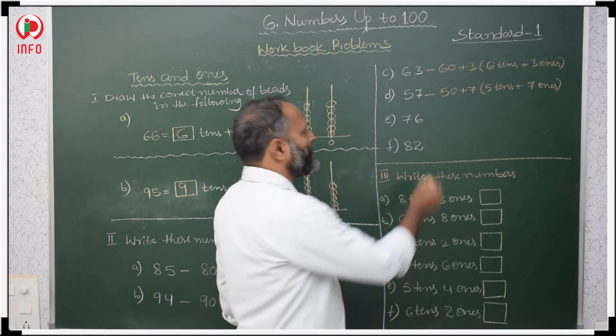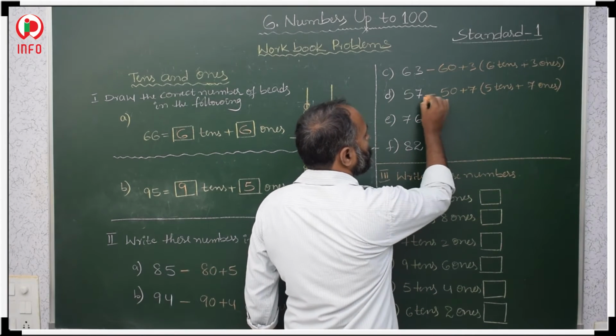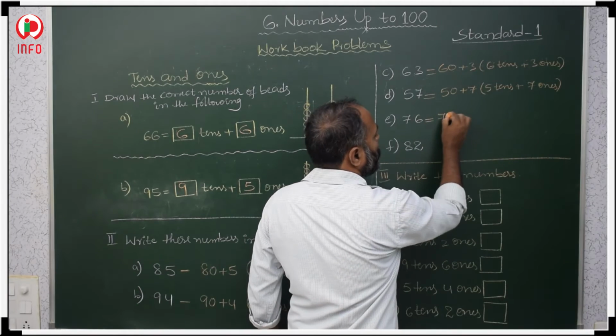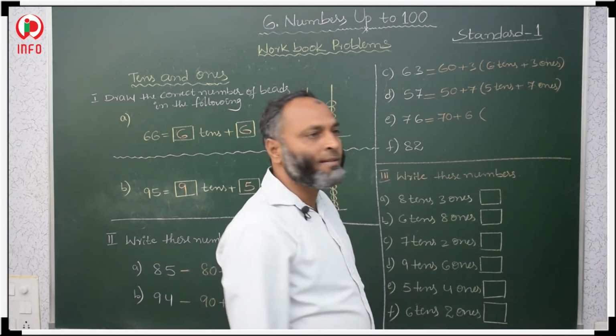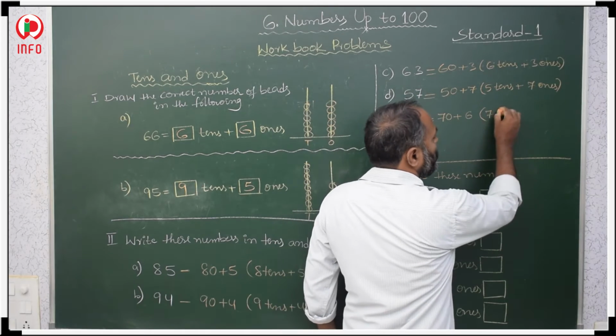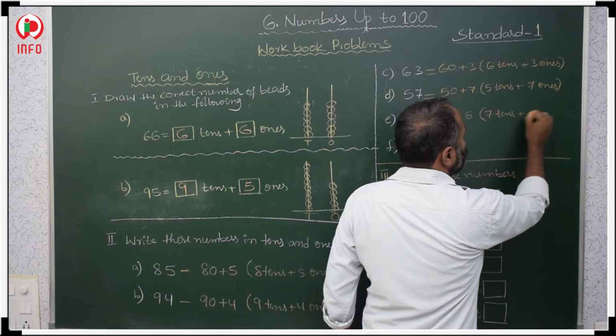Then 76, how this 76? 7 tens and 6 ones, that is 70 plus 6, 76. 7 tens plus 6 ones.